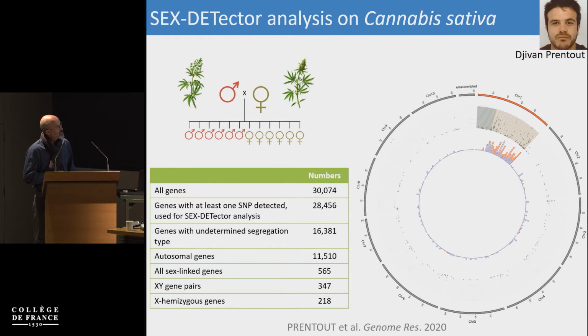He mapped them on the Cannabis sativa female genome that we had, a PacBio produced by another group, and here you have the different chromosomes, and the vast majority of the sex-linked genes mapped on a single chromosome. So in blue you have the XY, and in red you have the X hemizygous, and so it means that clearly the first chromosome is the X chromosome in that species.